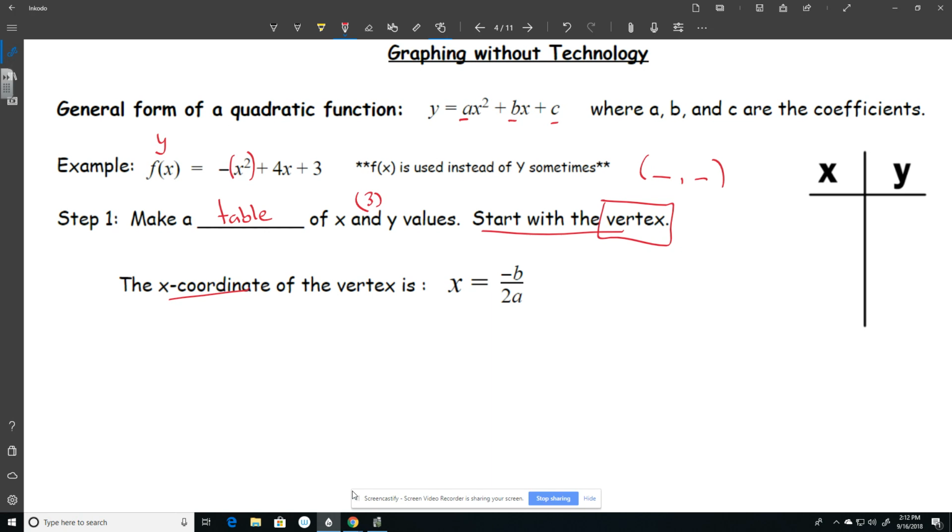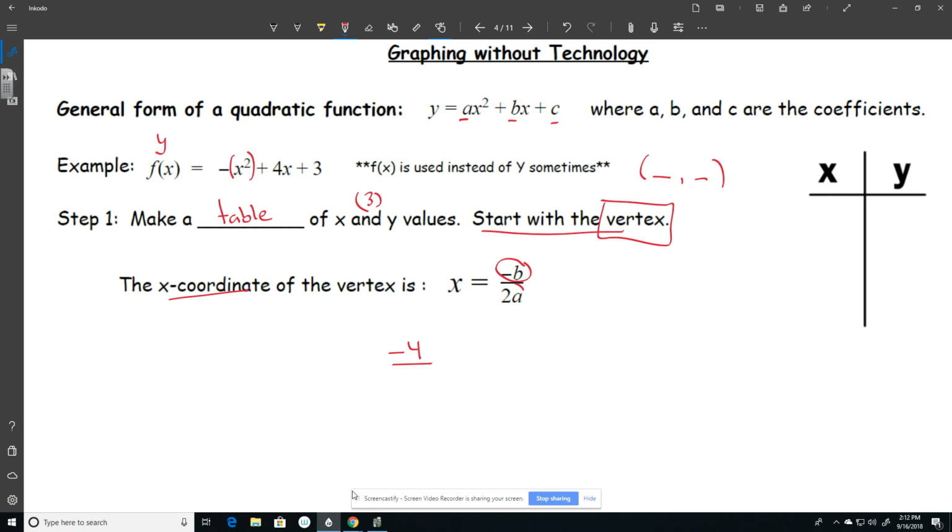So I take this and plug in numbers from the problem. Negative b goes on top. B is whatever's in front of the x. So when I look at my example, 4x, there's a positive 4 in front of my x, but I don't want positive 4. It tells me that I want negative whatever b is. And since b is positive, negative 4 is the negative.